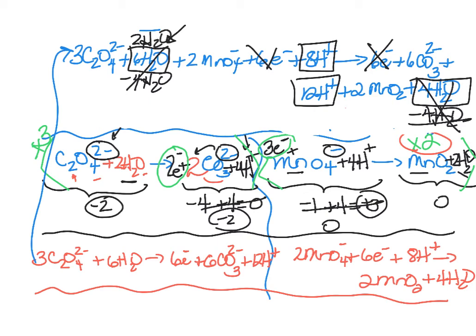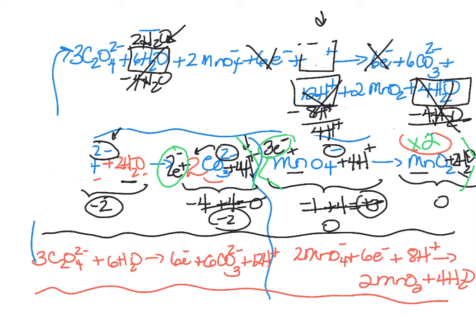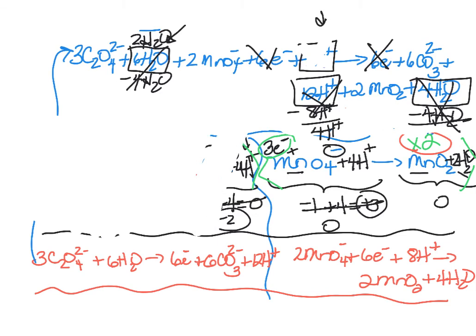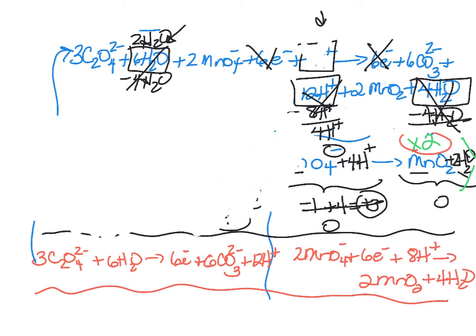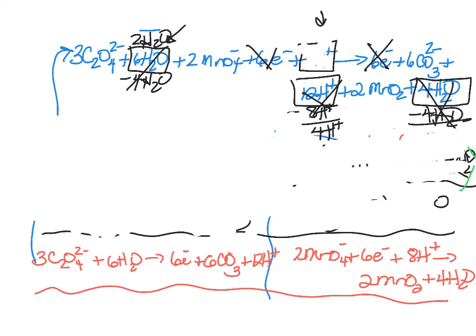Simplifying the hydrogen ions, I'm going to subtract 8 hydrogen ions from both sides, which will give me 4 hydrogen ions on the product side, and they'll go away on the reactant side. And I'm going to rewrite it all. Okay.